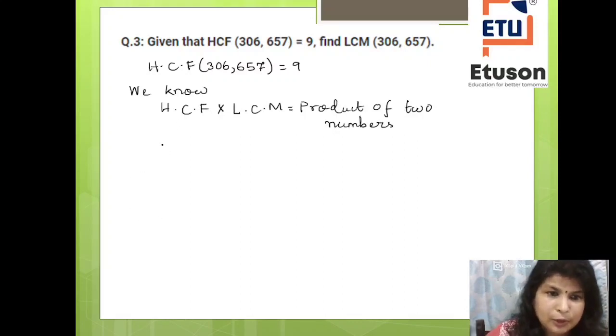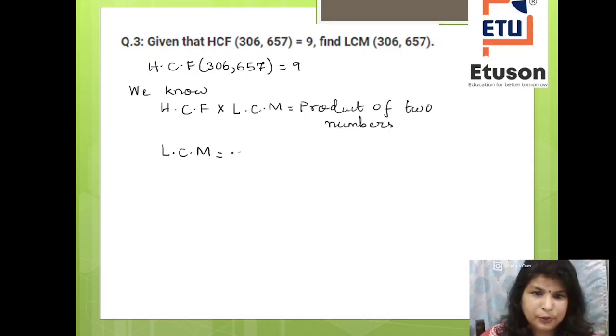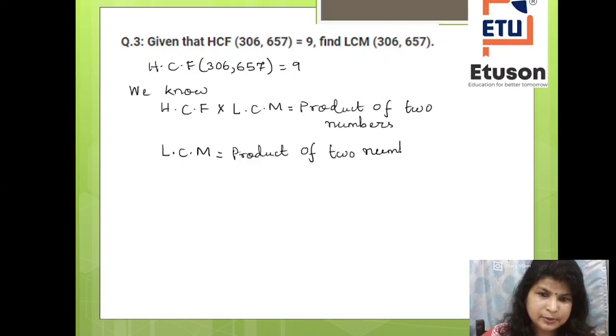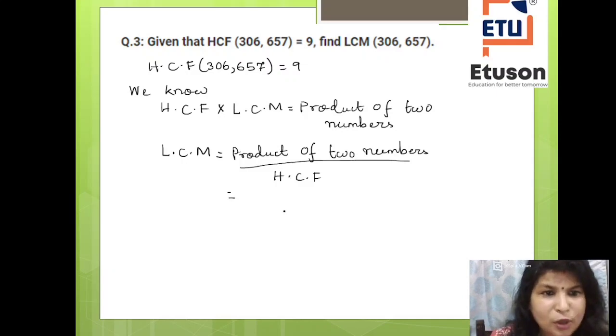So now what will be the value of LCM then? LCM will be equal to the product of the two numbers divided by your HCF. So LCM is lowest common multiple and HCF is highest common factor.